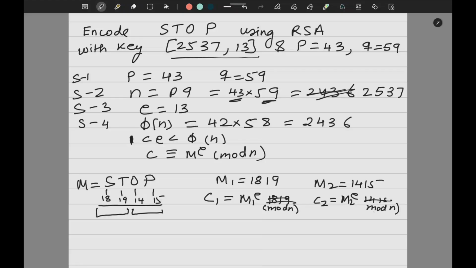By mistake, I am writing the values of M1 and M2. So this is the formula I need to apply to find out C1 and C2, and then C will be C1, C2. We know that the formula of C is M to the power E mod n. So this formula we have split up into two parts.